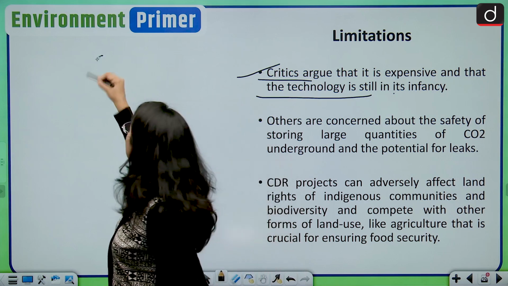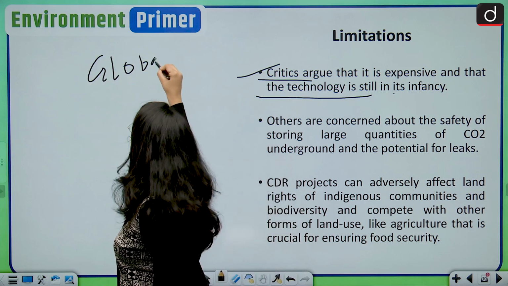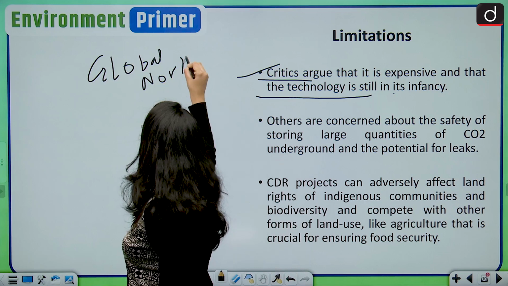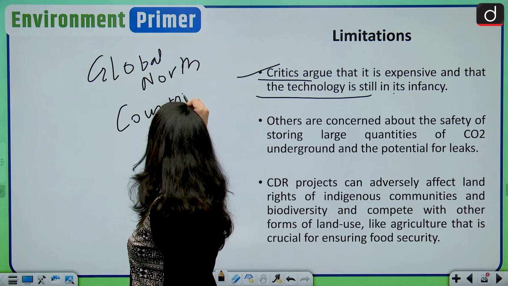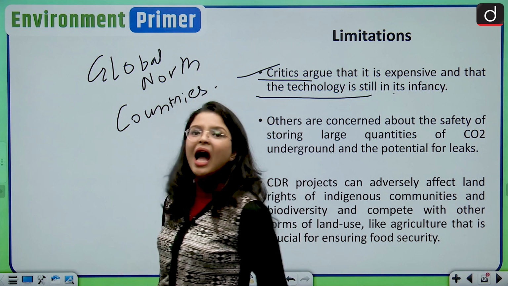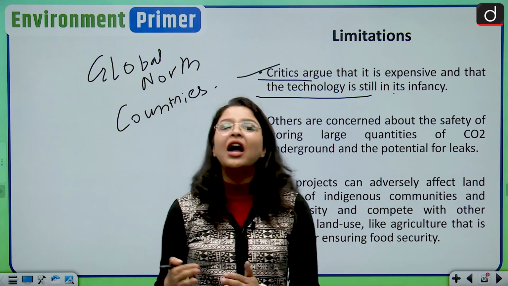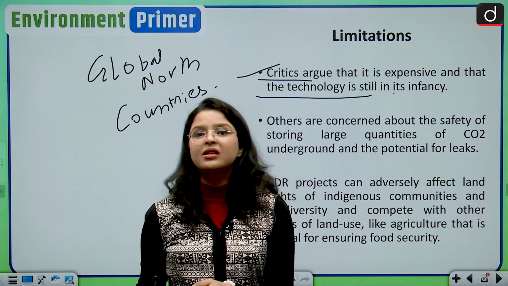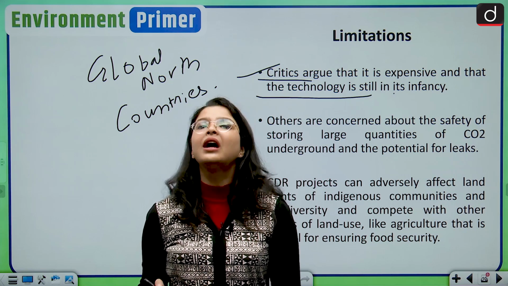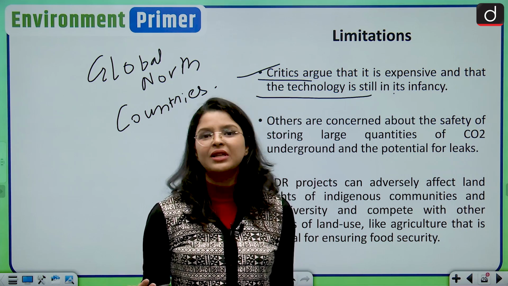In fact, the global north countries have this technology and they have an advantage of this technology. But the global south countries, the developing countries, are fairly new to using this technique.